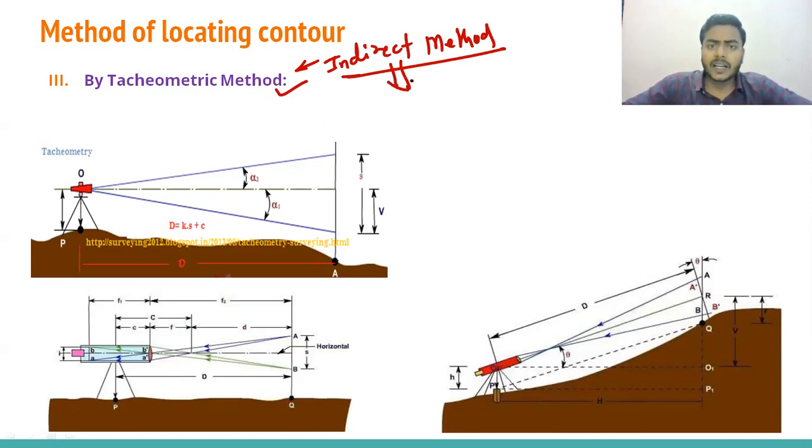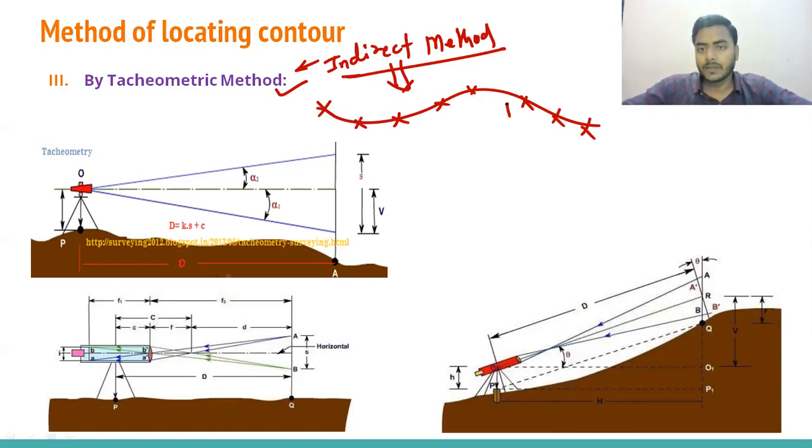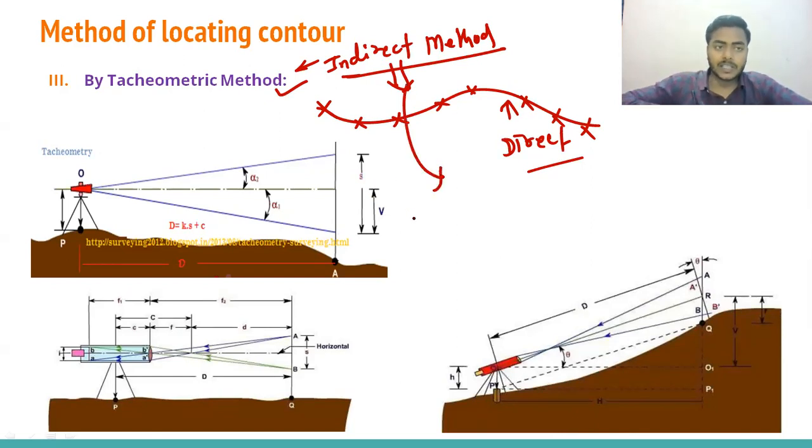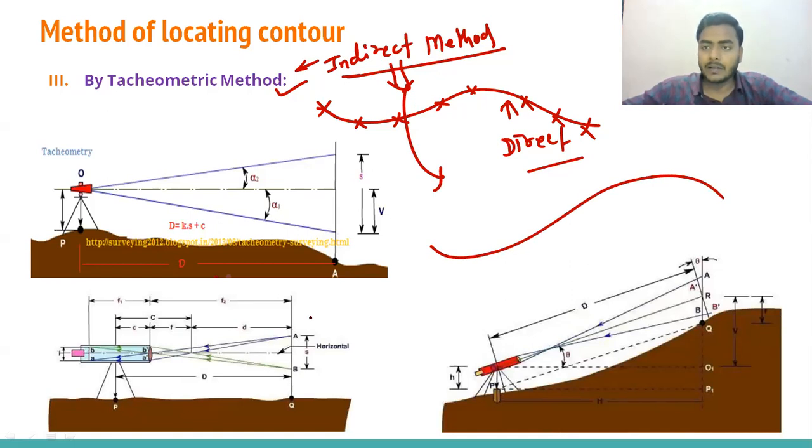How are we defining indirect? The contour lines we are drawing, if we have obtained their elevation directly with the leveling staff, that is called the direct method. But in the previous cases, by cross section and by square, we are not calculating elevation on contour lines. One point may coincide, that is another thing, but we are calculating elevation at different points and doing interpolation to draw contour lines. So that is called the indirect method.